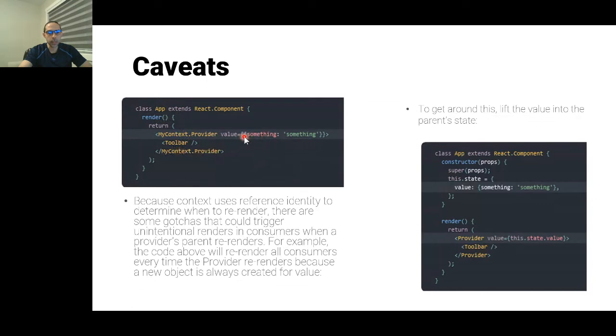The reason is the way React re-renders components: this will create a new reference for this object every time, causing the provider to be re-rendered and every single consumer to be rendered. So to avoid such a problem, you just elevate that into the app state. So you pass the app state, and then the provider will be re-rendered only when there's a change in the state of the app. So this is one practical concern to be mindful of.